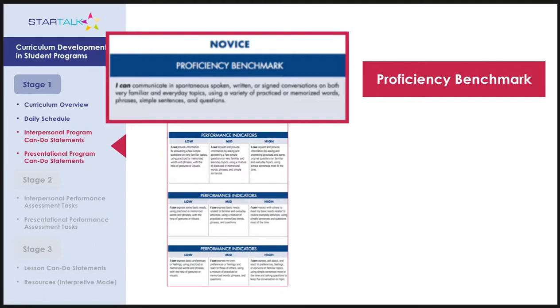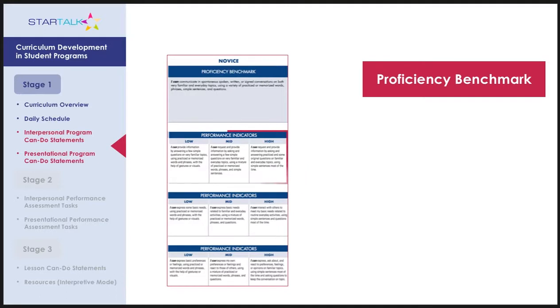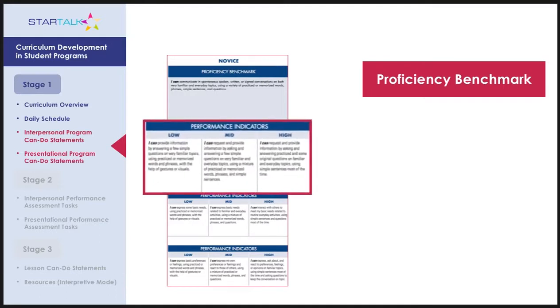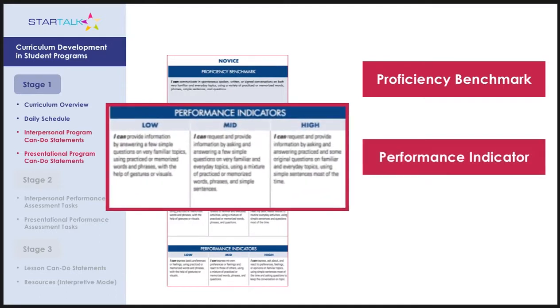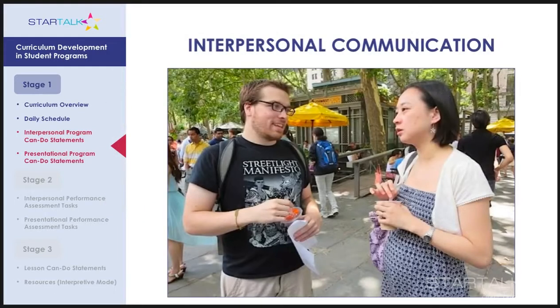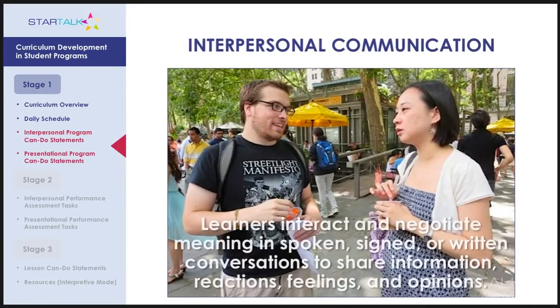The document then moves to the performance indicators that you see here, and the performance indicators break that indication of how well into the low, mid, and high. Programs will use this information to develop their program can-do statements for both interpersonal and presentational communication.